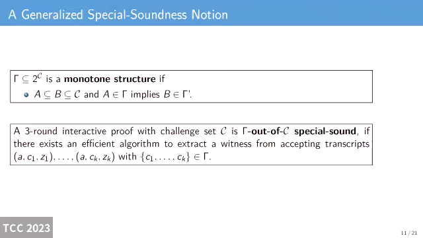So then we say a 3-round interactive proof is gamma special sound if you can extract from colliding transcripts (A, C1, Z1) up to (A, CK, ZK), where the first message is the same and the challenges C1 up to CK form an element of your access structure.